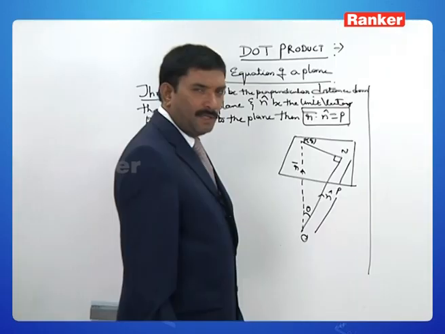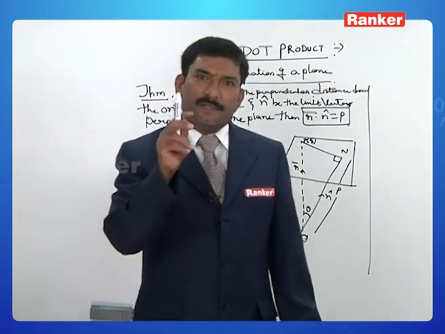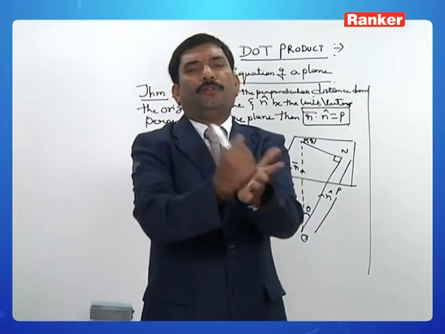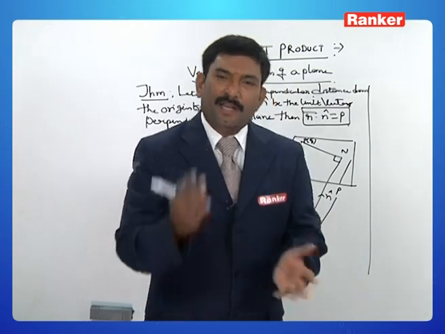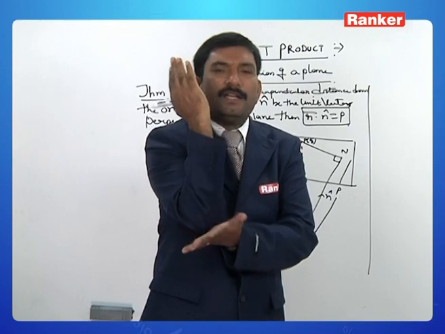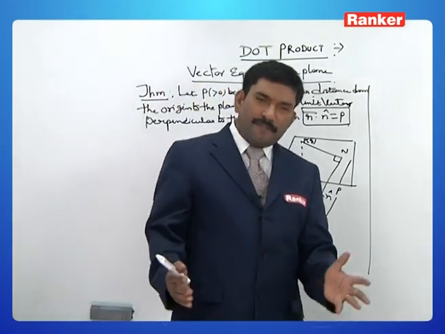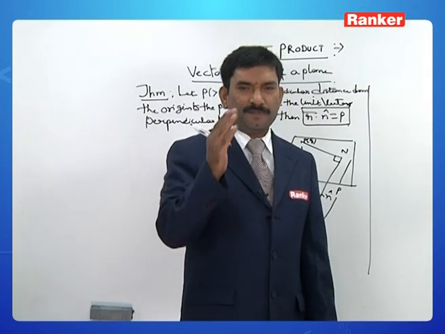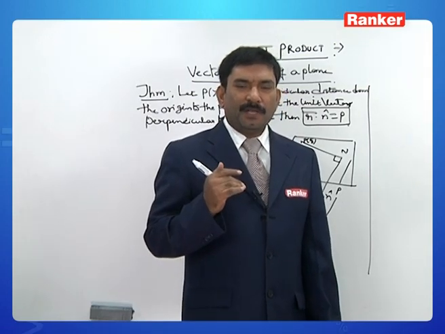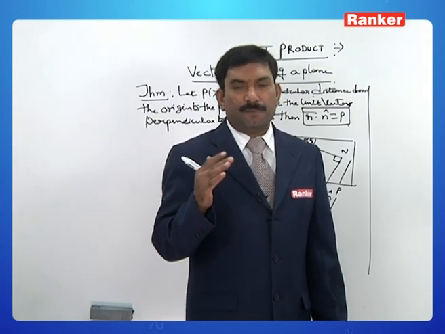Sir, you are writing ON as N cap. If you take this length as 1, you are getting it, but then how do you write P? You have to understand, anyhow it is perpendicular. Let the length be P. Assume that, instead of drawing a separate line. If you take it in terms of unit vector, its modulus is 1.